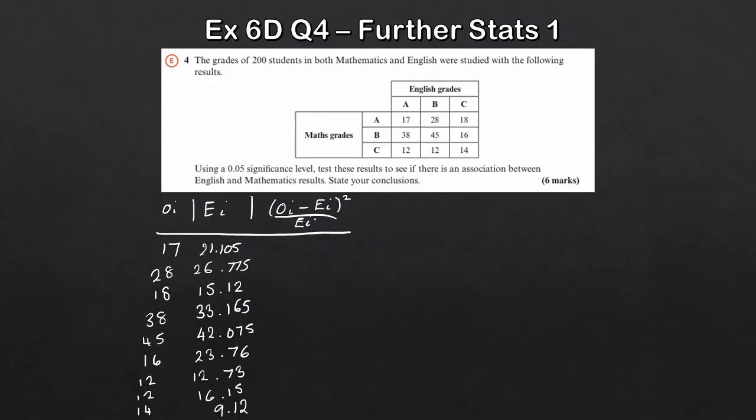Now you just need to apply the formula again. Observed, 17 minus 21.105, square that value, and then divide it by 21.105. I've done all these before recording the video.